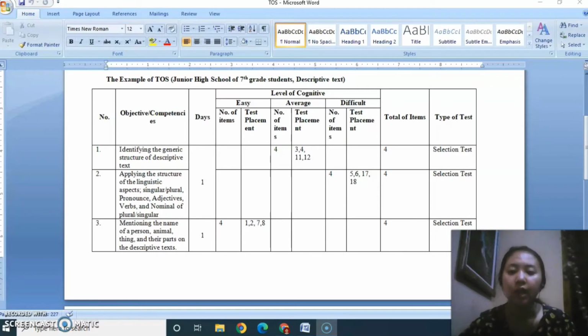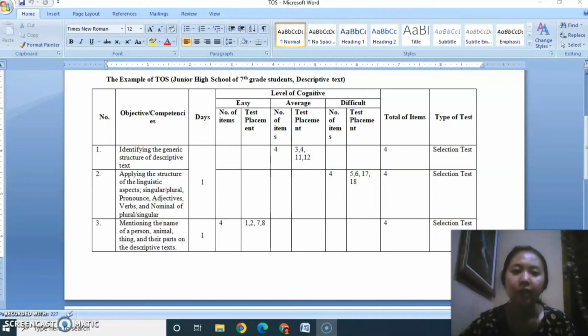So Ratna has explained the objective or competency for number 1 and 2, and now I will explain number 3 until the last. The objective or competency for number 3 is mentioning the name of person, animal, things, and their parts in the descriptive text.